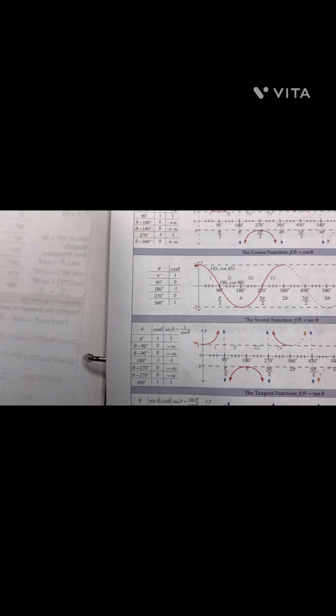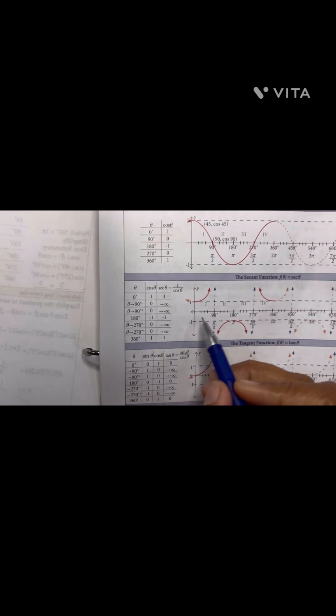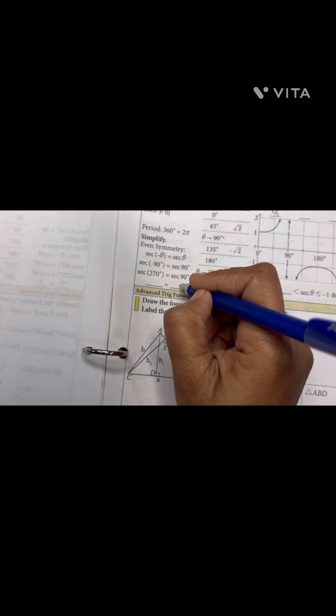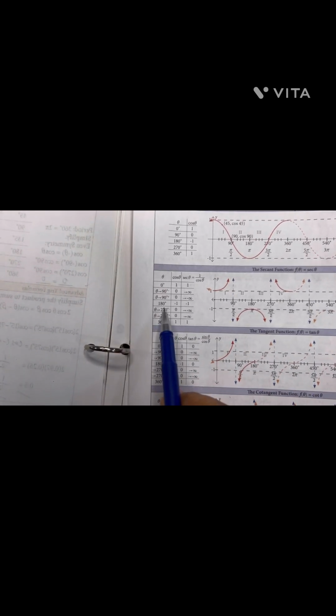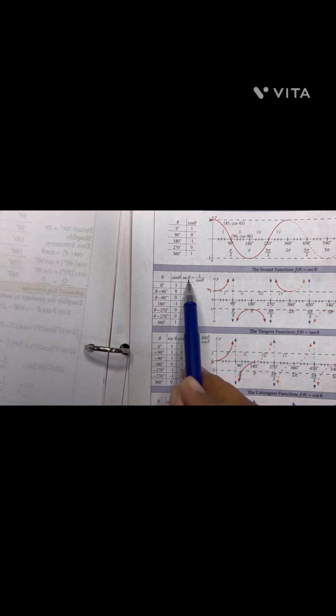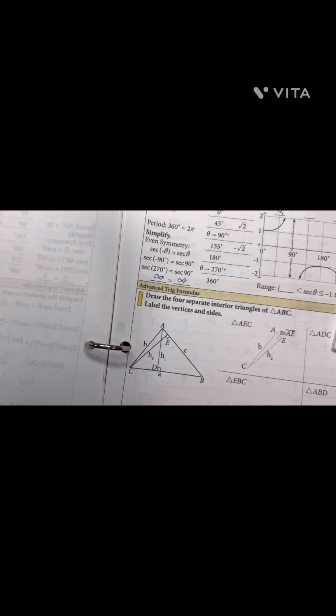Okay, and here you see that as theta approaches 90, secant theta approaches infinity. Okay, so I'm going to write secant theta is infinity, and as theta approaches 270, secant theta approaches infinity again. So both are infinity.